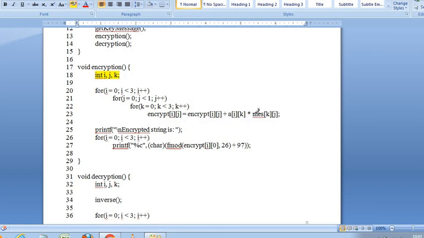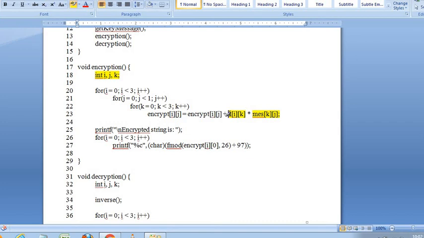The message vector is multiplied with the key matrix, which is 3 by 3 and 3 by 1. You already know the basic idea behind matrix multiplication: the column of the first and the row of the second must be equal, so that we can easily multiply.